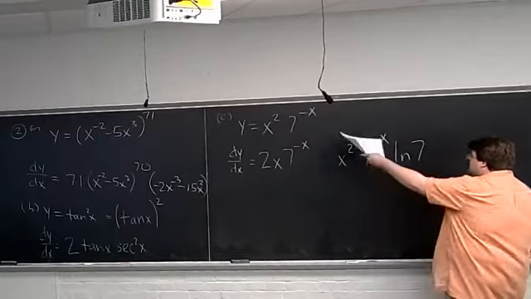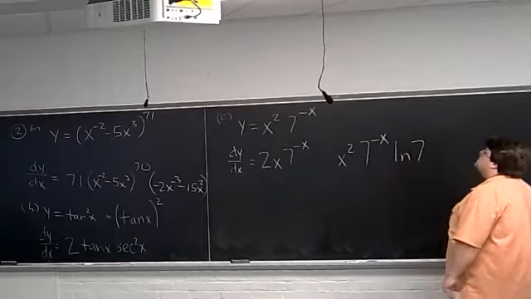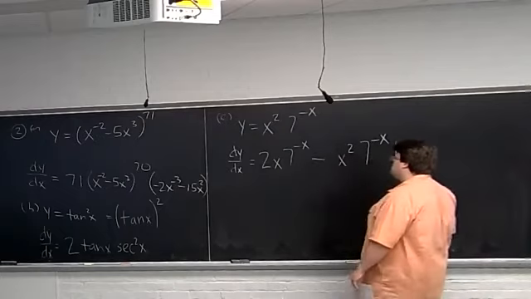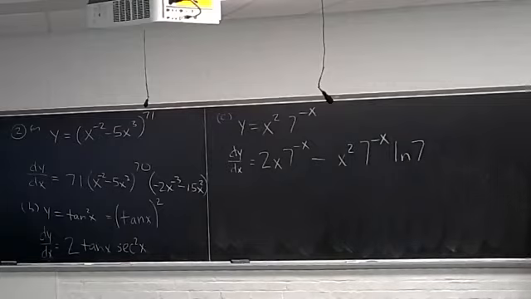But we have a negative x in the exponent, so we need to use the chain rule. The derivative of negative x is -1. I'm going to take care of that -1 by subtracting rather than adding our two terms. Any questions about that one? What was that one, 2C?